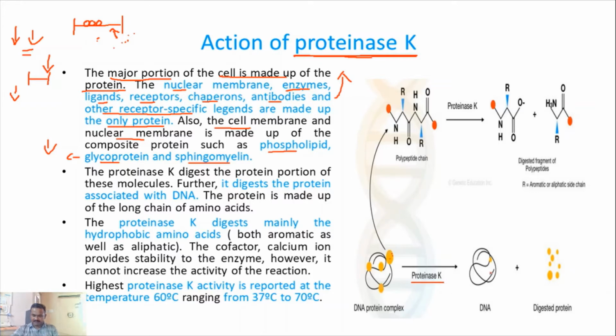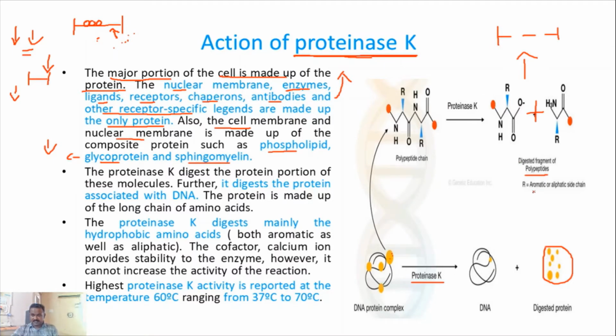We treat it with the proteinase K enzyme, so all proteins are digested or hydrolyzed. The proteinase breaks down the peptide bonds between the polypeptide chains, finally giving digested polypeptides. Following this, we treat with ethanol or SDS or isoamyl alcohol to remove the digested protein fragments from the reaction mixture.